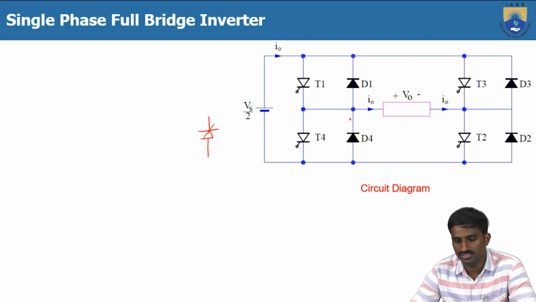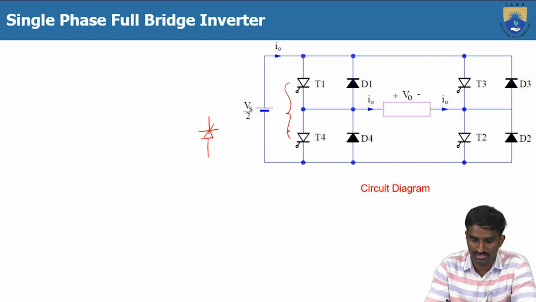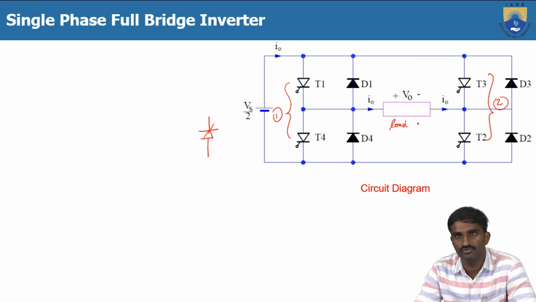And another difference is that the load is connected in between the 2 legs of the inverter. Let us consider this is leg 1 and this is the second leg. So in between these 2 legs we have connected the load, but in the rectifier it is not like that. If you compare the differences and similarities, it is very easy to remember the circuit diagram.